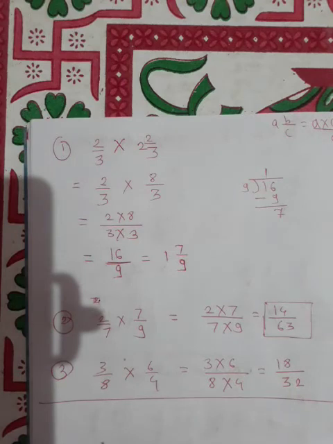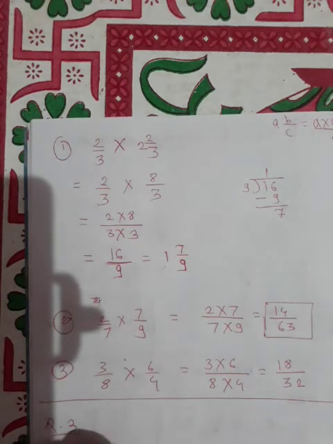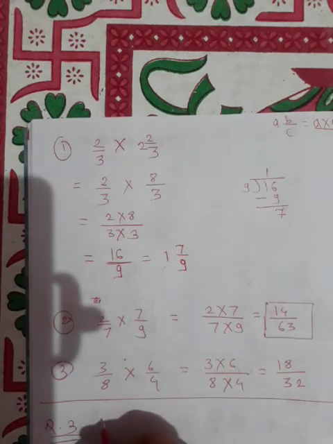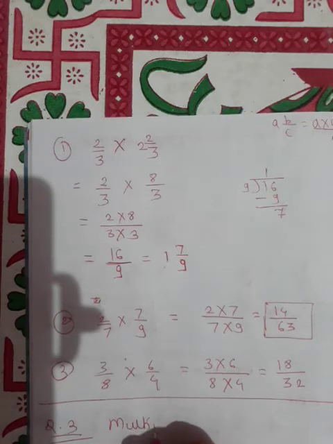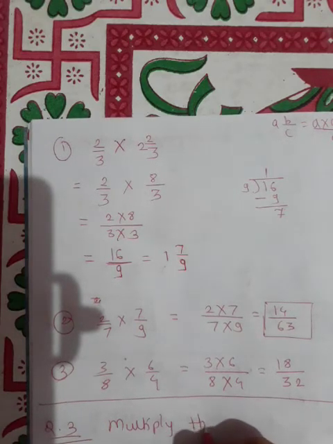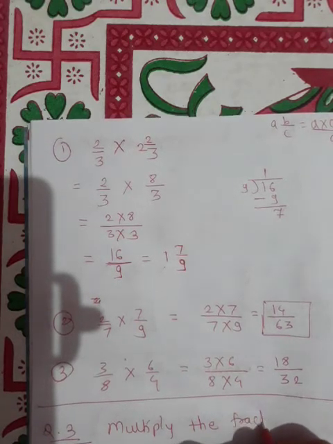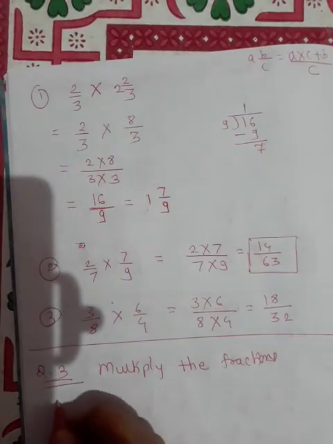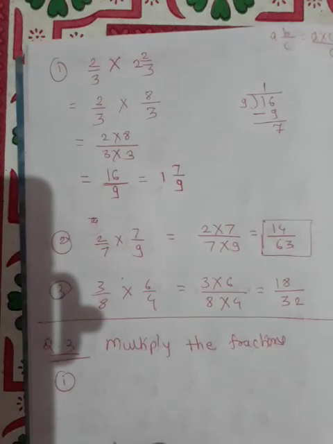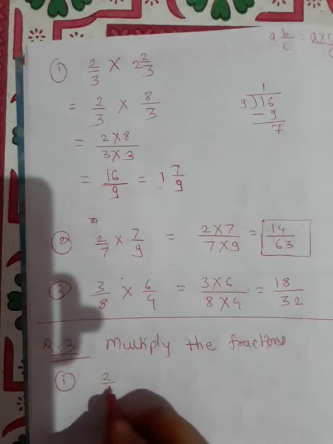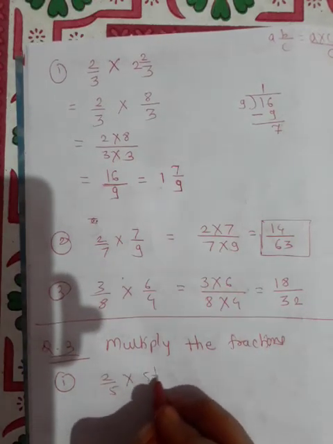Okay, now question number 3 is multiply the fractions. In question number 3, example 1 is 2 by 5 into 5 1 by 4.